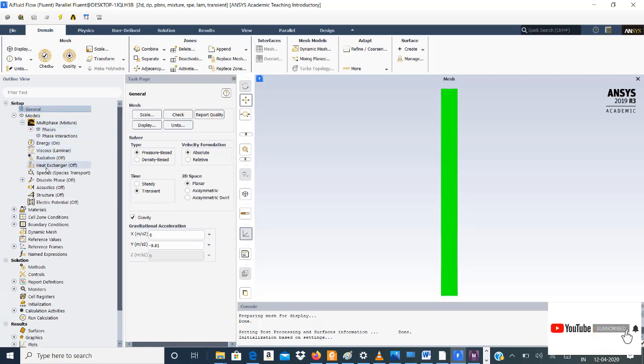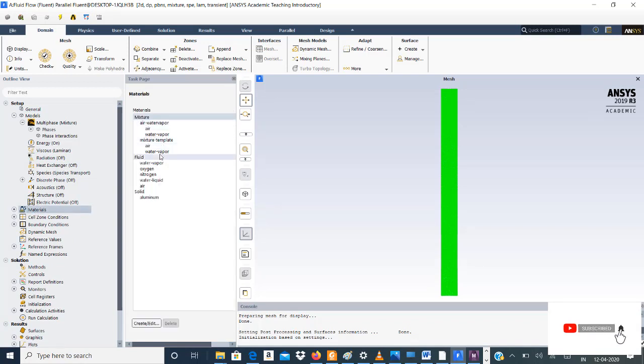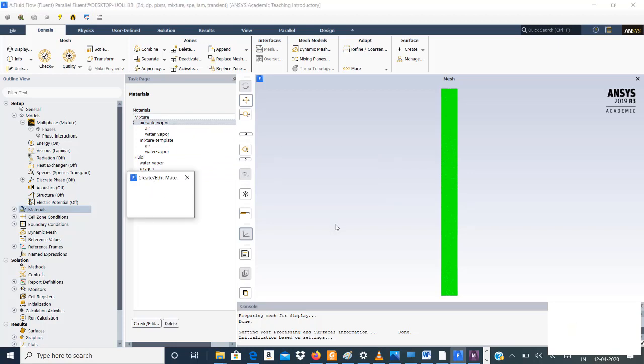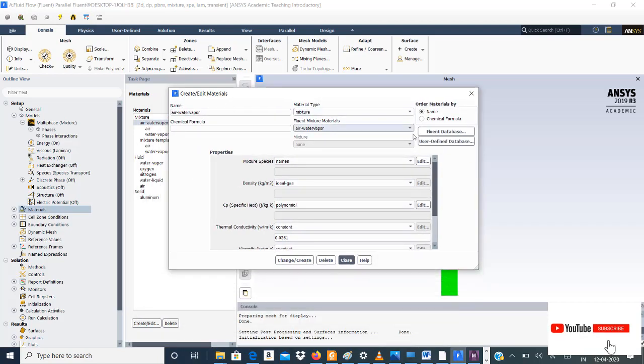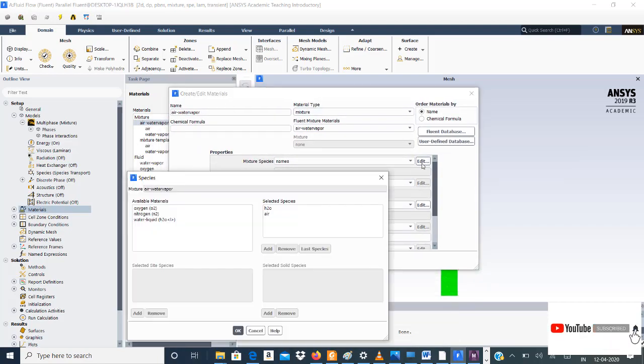After activating the mixture, you need to go to the materials. In the materials you can import water liquid for the fluid, and for the mixture I have created an air water mixture, which I have renamed air water. In the names you can see this is water vapor, H2O plus air.